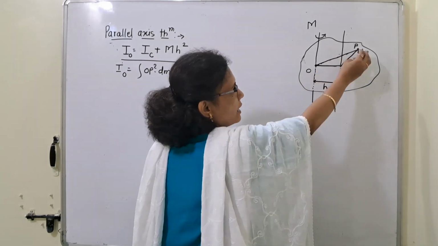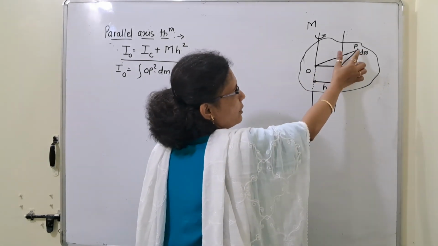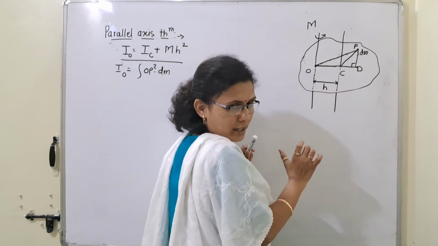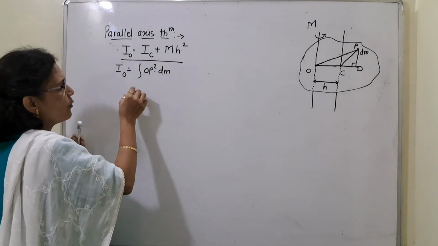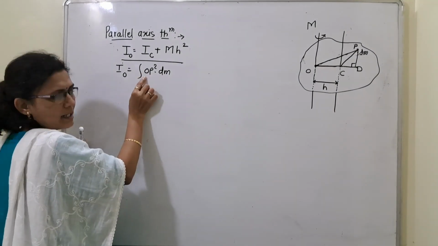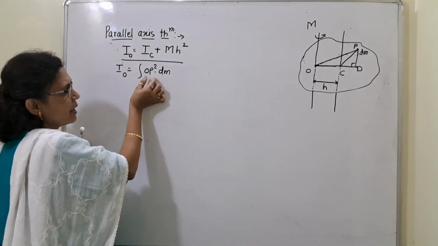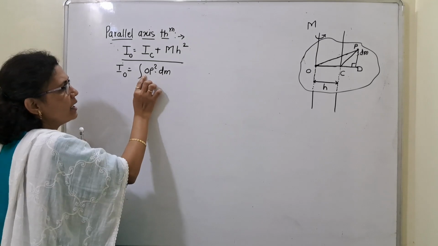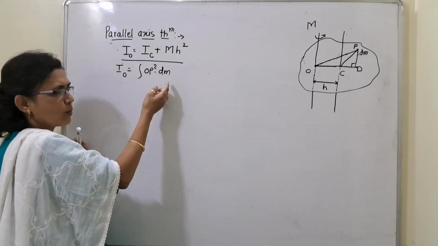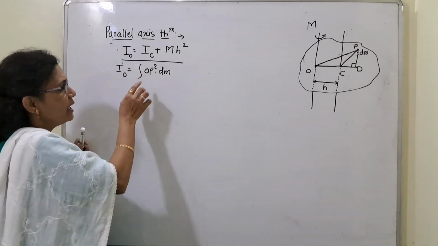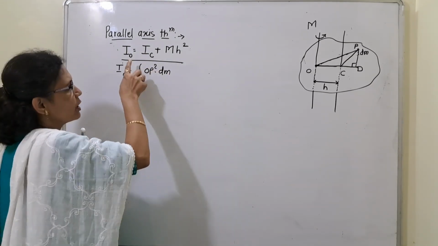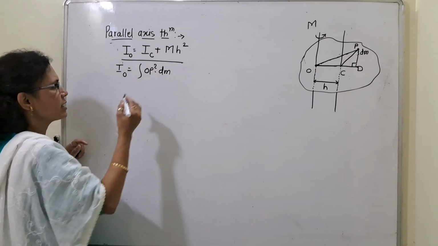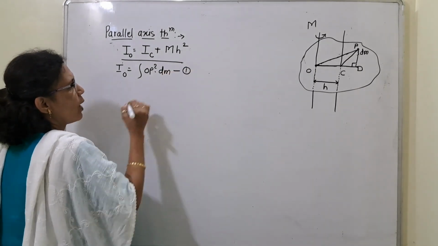I have considered that mass here at point P, which has the distance OP. So I have to take the integration of OP square dm, mr square. The mass is dm and the distance is OP. Therefore, dm into OP square. It is only for one mass, and I have to consider the whole body. Therefore, I have taken the integration. Let this be equation number 1.